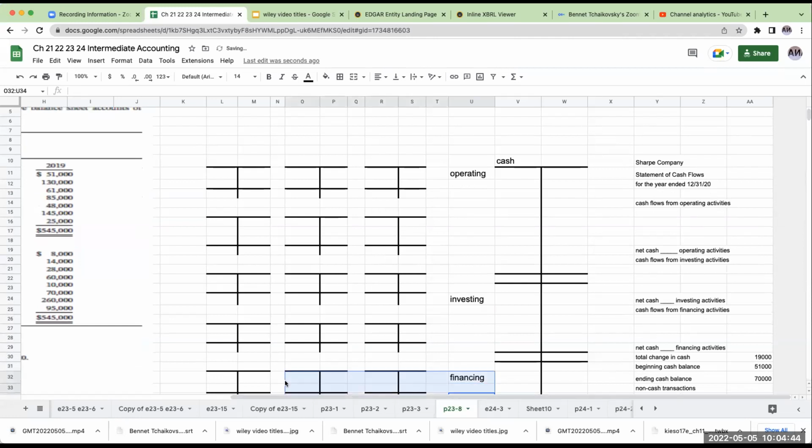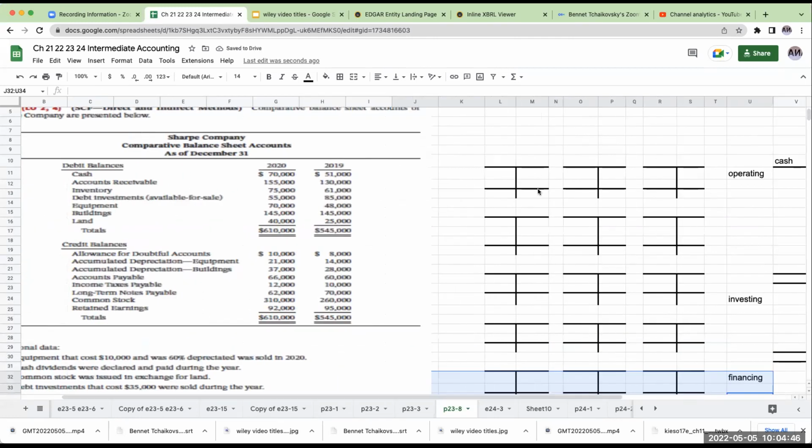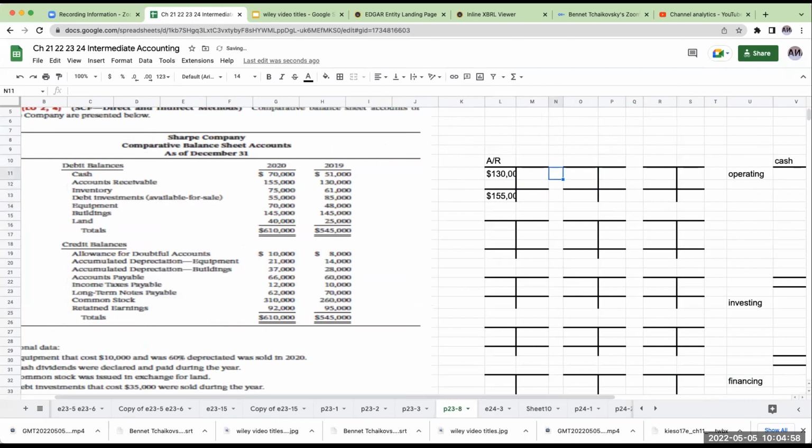The other thing I'm going to do is put in the opening balances. Accounts receivable: beginning of 130,000, ending of 155,000. I'm also going to put in the allowance for doubtful accounts where it relates to the typical balance. Inventory was 61,000 and then 75,000.